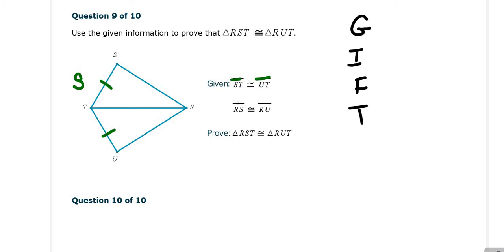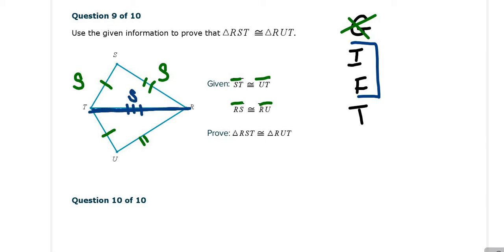And RS and RU are also congruent. Gets you another pair of sides, so we're done. Implied and freebies. You have a reflexive side down the middle, so there's your third side. So I can see right now that these triangles are congruent by side, side, side.